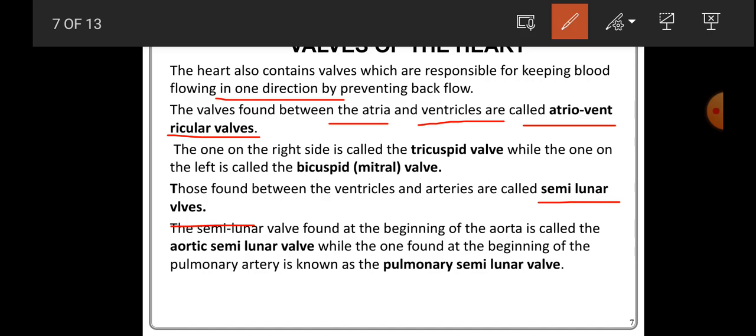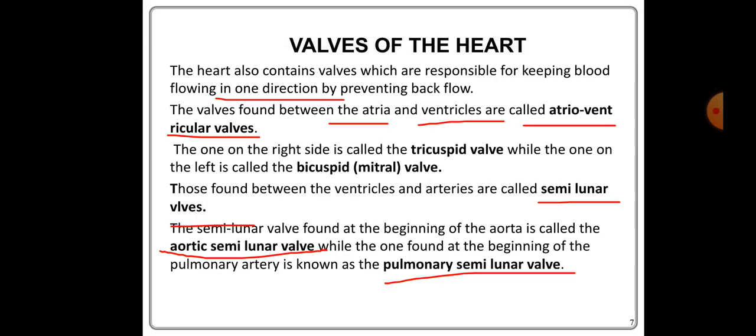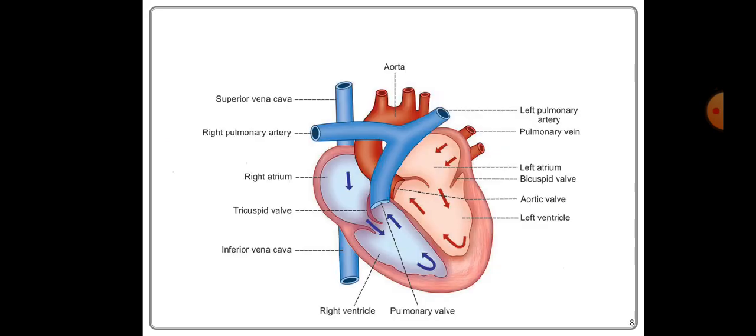The semilunar valve found at the beginning of the aorta is called the aortic semilunar valve, while the one at the beginning of the pulmonary artery is known as the pulmonary semilunar valve. We'll look at the diagram and appreciate what these valves are. This is the diagram we have here.